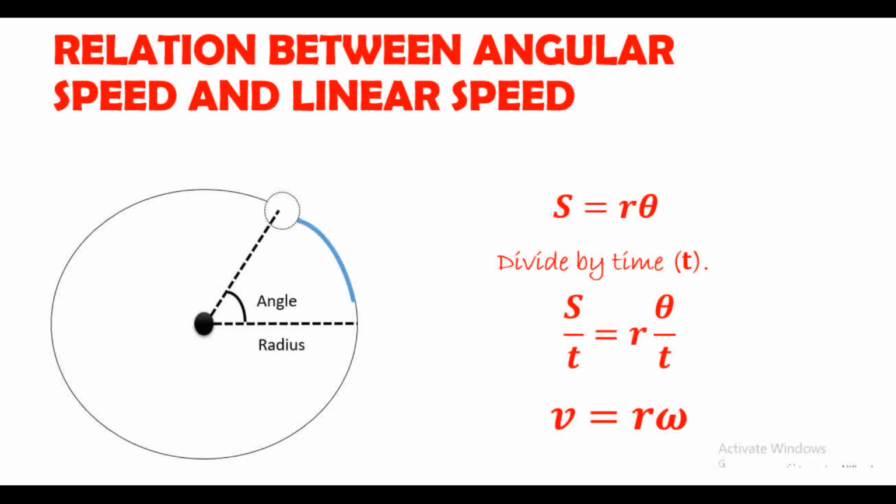So the relation is that linear speed is equal to the radius times the angular speed.